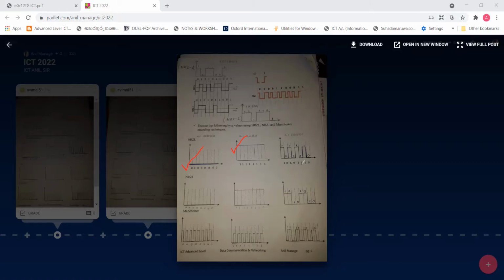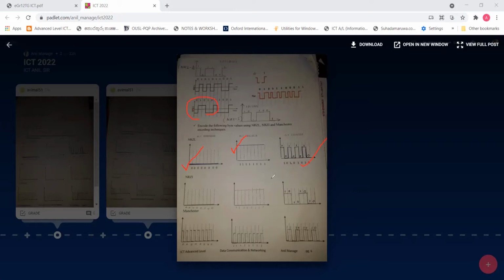Then 1 0 1 0, yes, right. Some of you have put another line on the x-axis. No need to put the x-axis, because this is a bit different from this example, because I have taken the x-axis here without taking the other line. So you have to draw like I drew on the board, the same way.